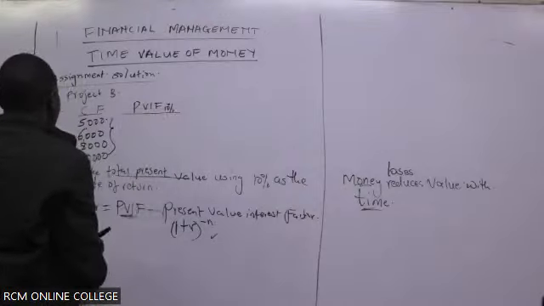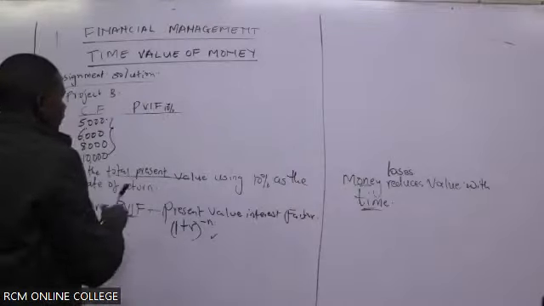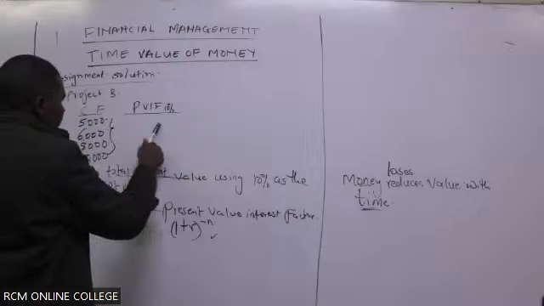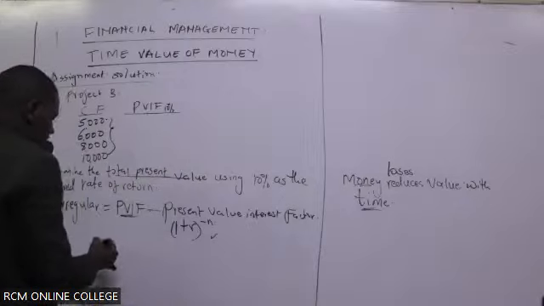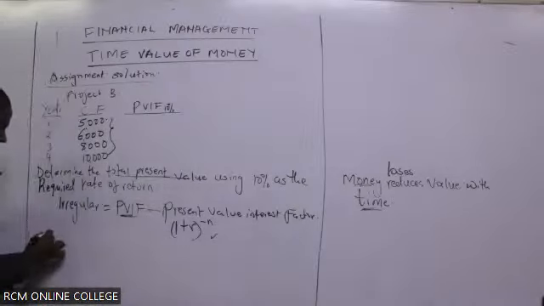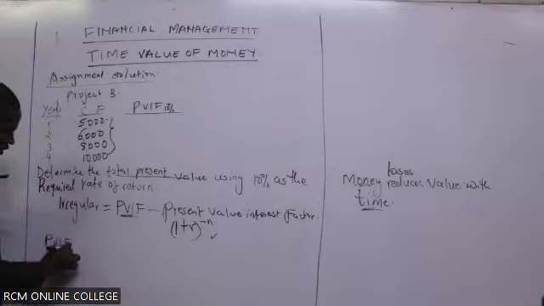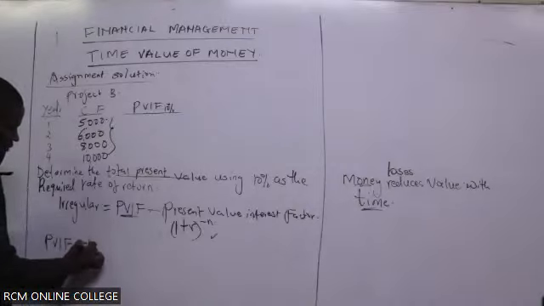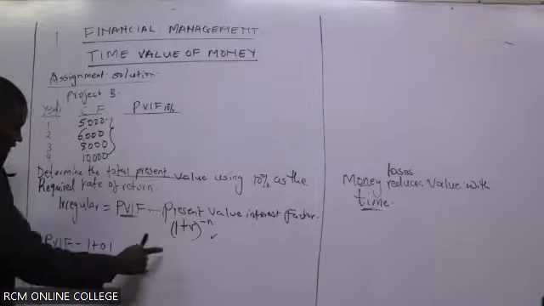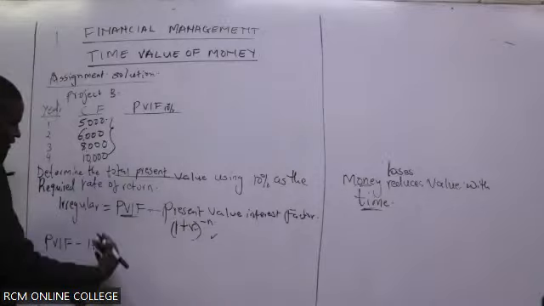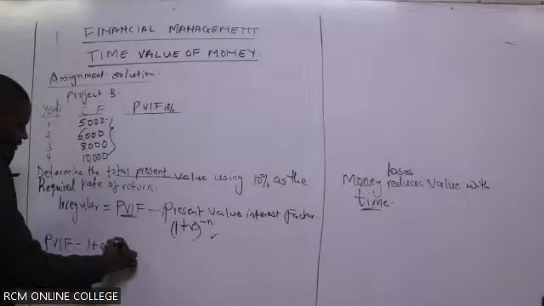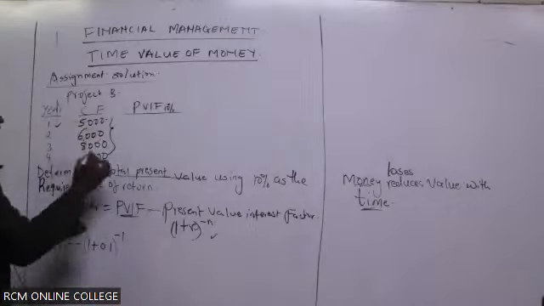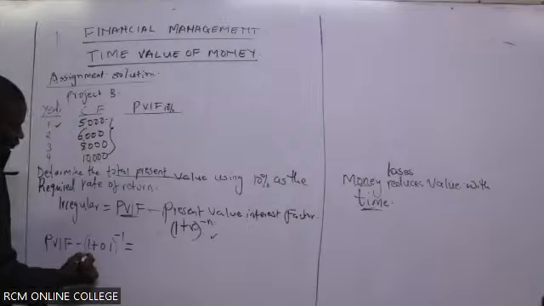The first thing I need to get is the PV of the first year. So 1 plus 0.1, that is my R. Remember, R is the required rate of return. Then I put it in bracket raised to power negative year 1. I want somebody to first of all give me this.